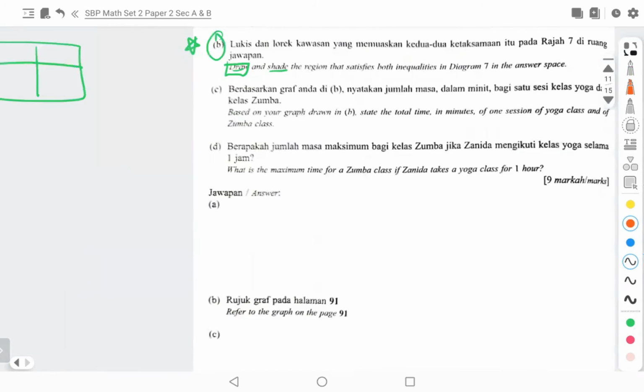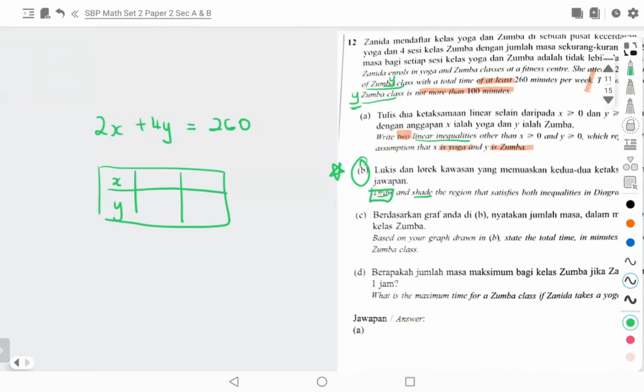Okay. So let's say we put x equal to 0, then y will be 4y equal to 260, so 260 divided by 4, that's 65.